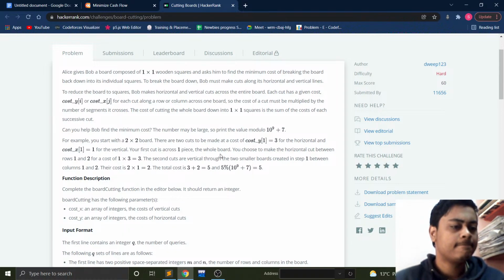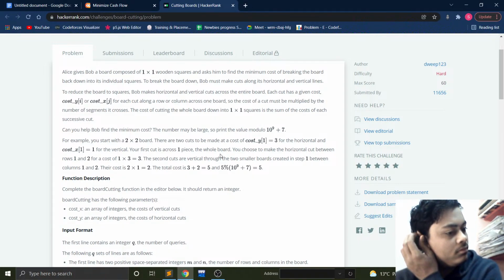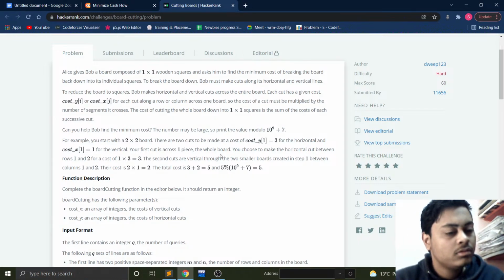Three. Five. Why is the cost 1 x 3? Cross one board.